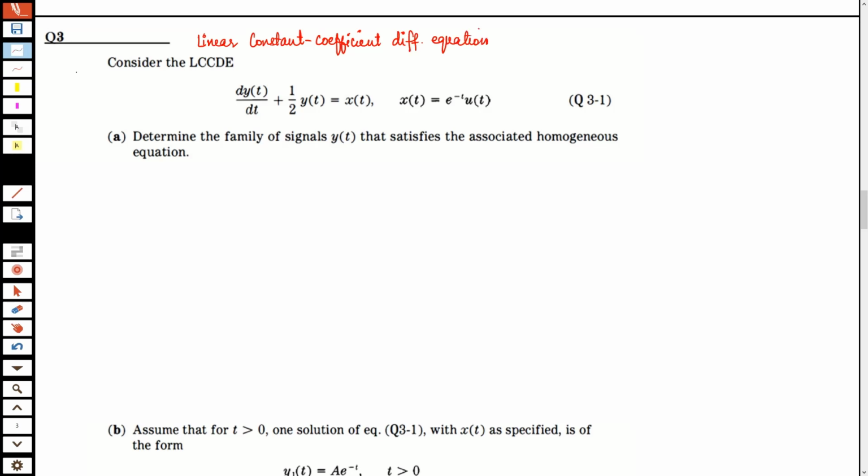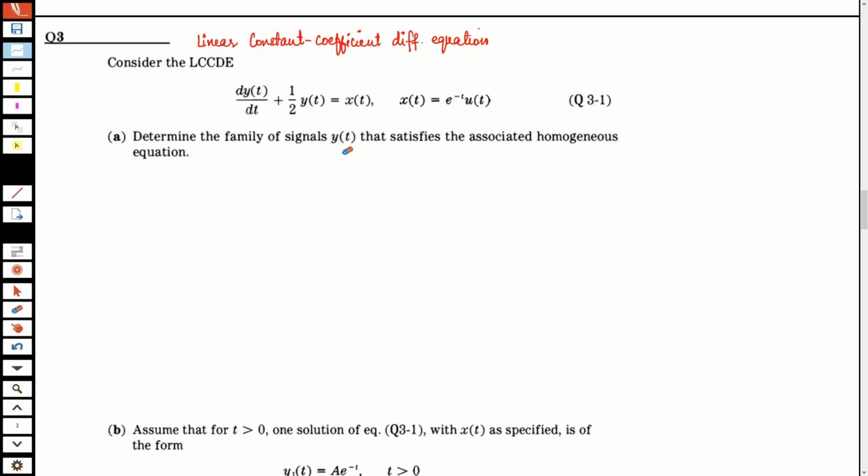Now, this is a simple mathematics question. The relationship between input and output, with output being y(t) and input being x(t), is given to us in the form of a differential equation, a linear constant coefficient differential equation. Input is also given to us, and we need to find the family of signals y(t), that means a set of solutions that satisfies this homogeneous equation, right?